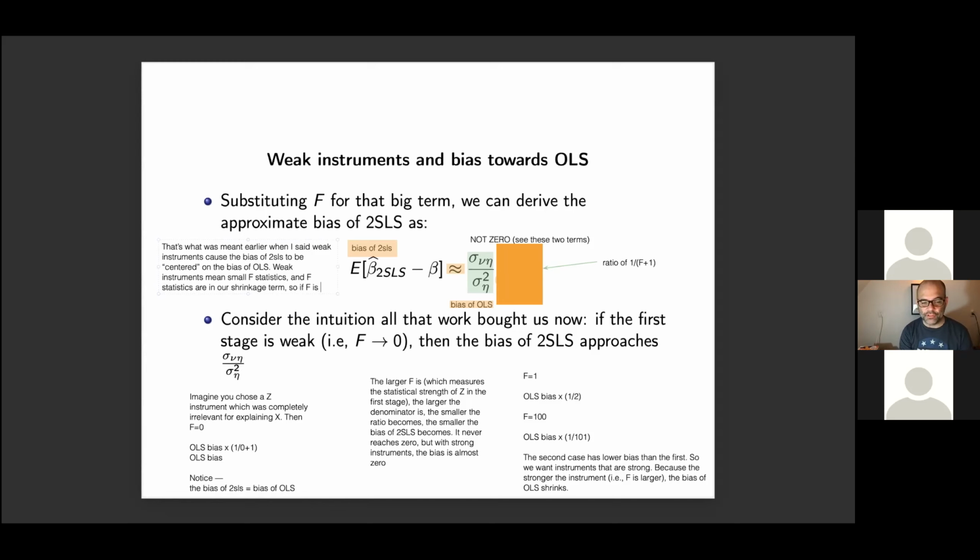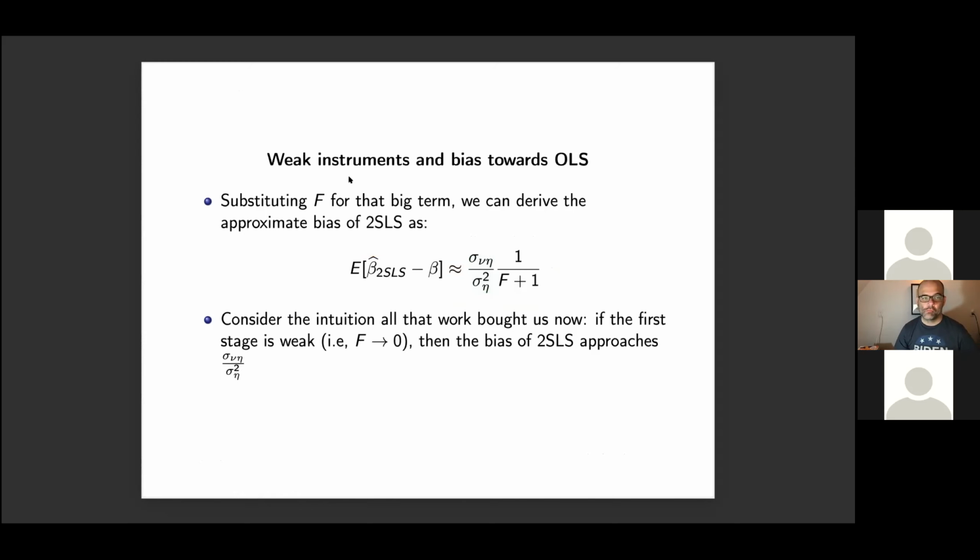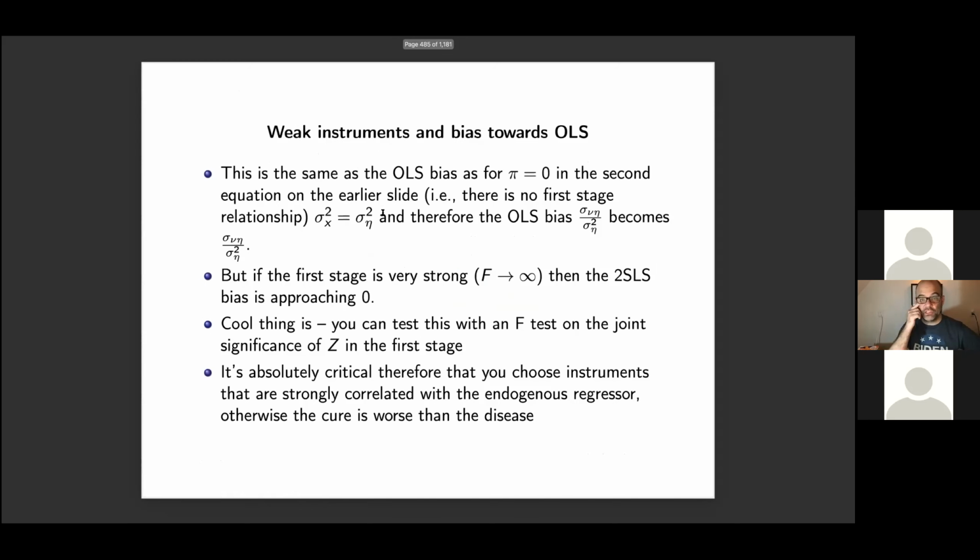So if the F is small, there is no shrinking of the OLS bias. So it's the same as the OLS bias, but if the first stage is very strong, then the two-stage least squares bias is approaching zero. Well, here's what's nice about this.